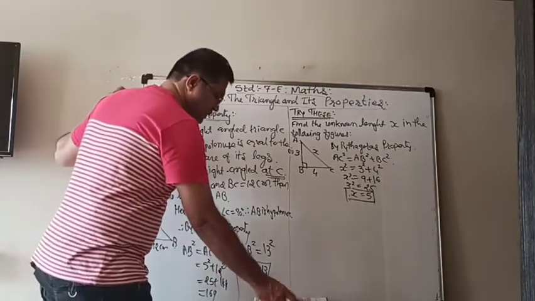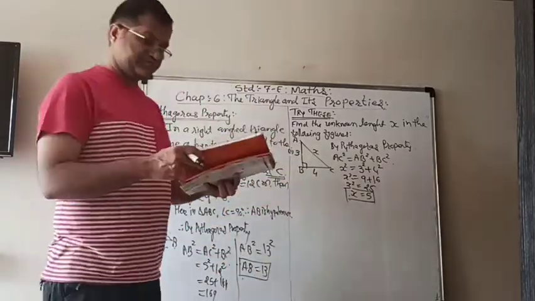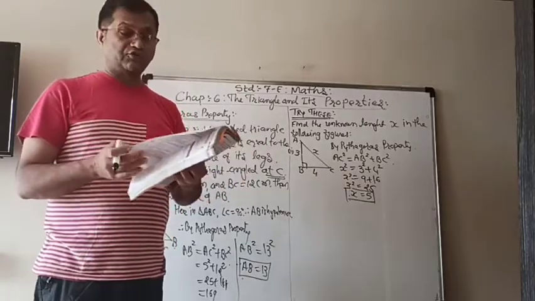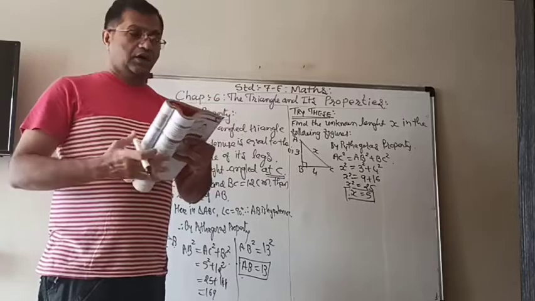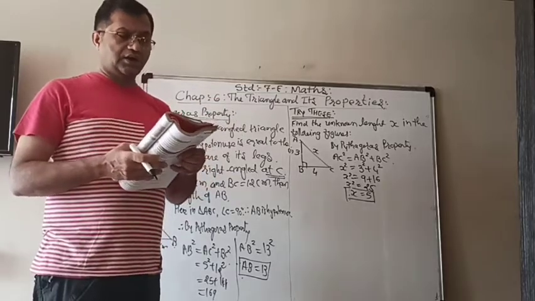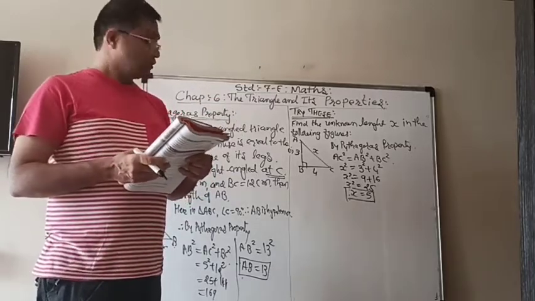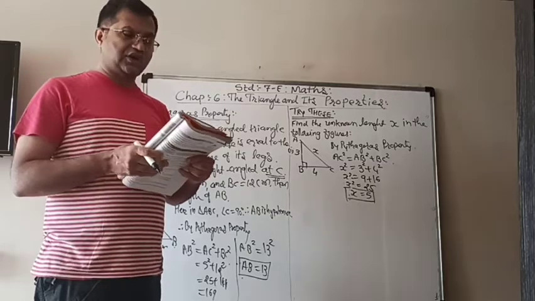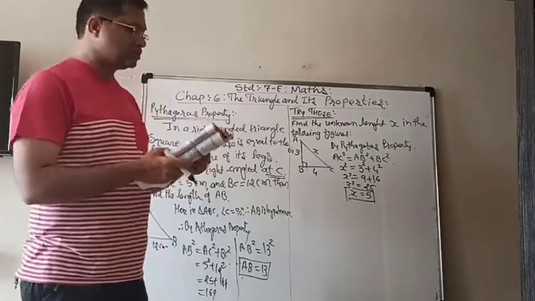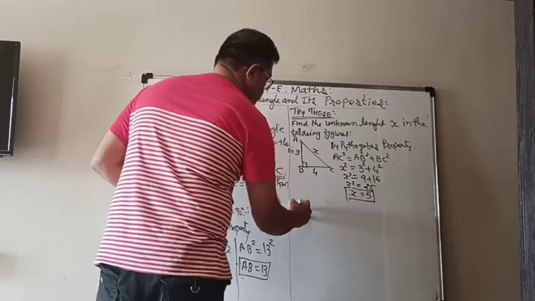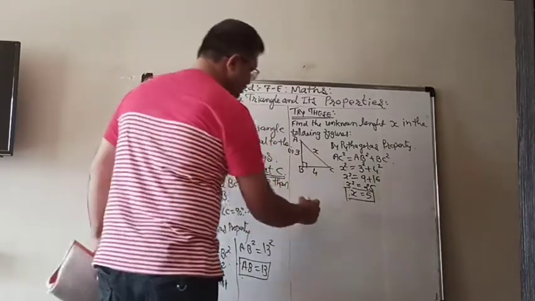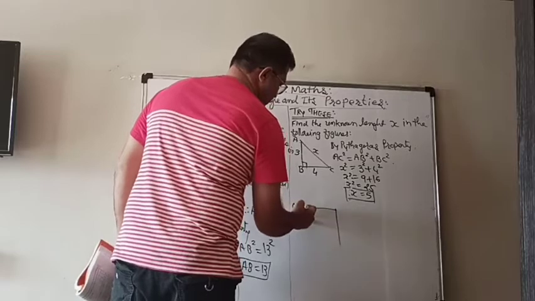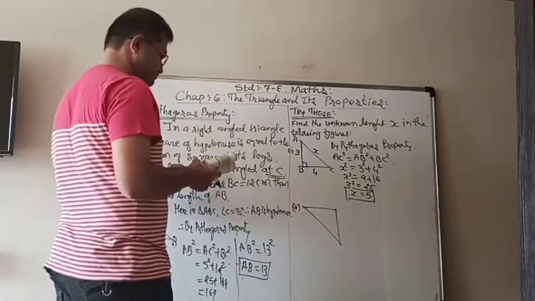Now you can see that second and third are the same, in which we have to find the hypotenuse. Let us check the fourth one. Also actually same, but let's do the fourth one. In fourth one also a triangle is given, but it is upside down.